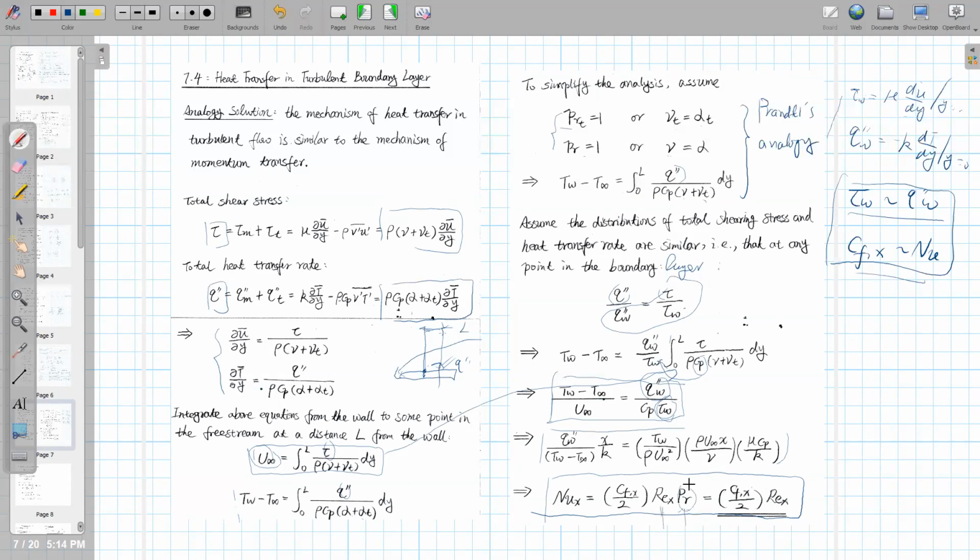And because we assume this Prandtl number equal to 1 in this Prandtl analogy, you can just remove it. So this will be the final result: the Nusselt number will be just equal to Cf,x divided by 2 times Reynolds x. So this is the simple way that we can find the heat transfer in the turbulent boundary layer.